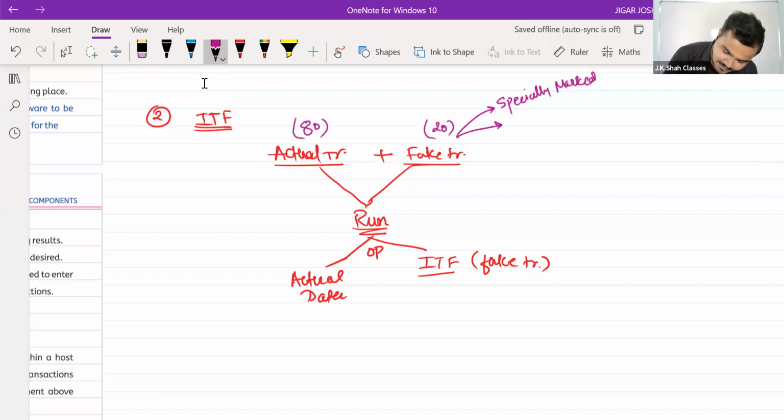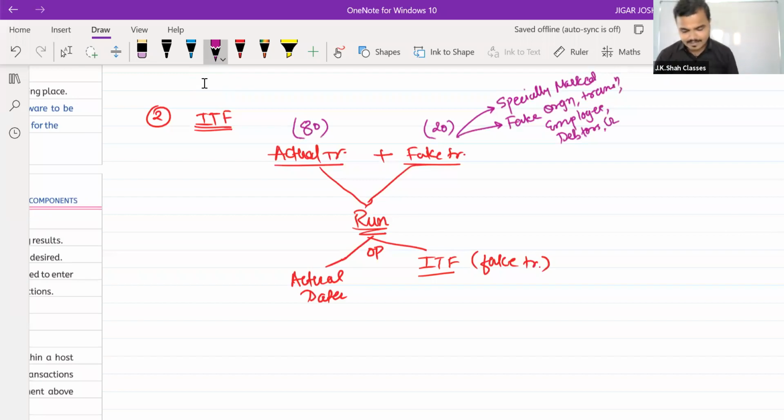Second, what fake entries will be there? Sir, a fake organization will be created, fake transaction entries will be made, fake employees will be created, and we will have fake debtors and creditors also. All these things we are doing, for what? Sir, it is only for an audit technique to verify whether the software has the capability to identify the fake transactions, keeping them away from the original transactions, or not.